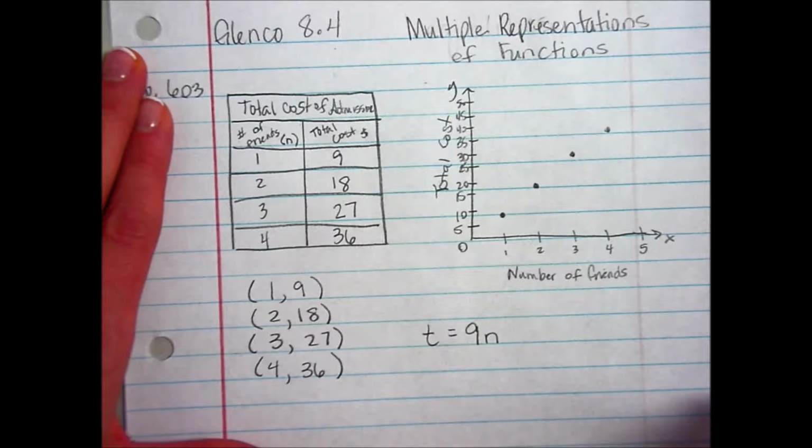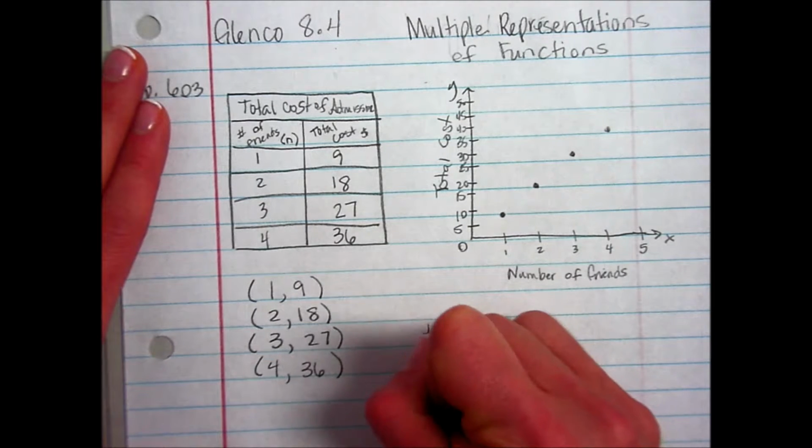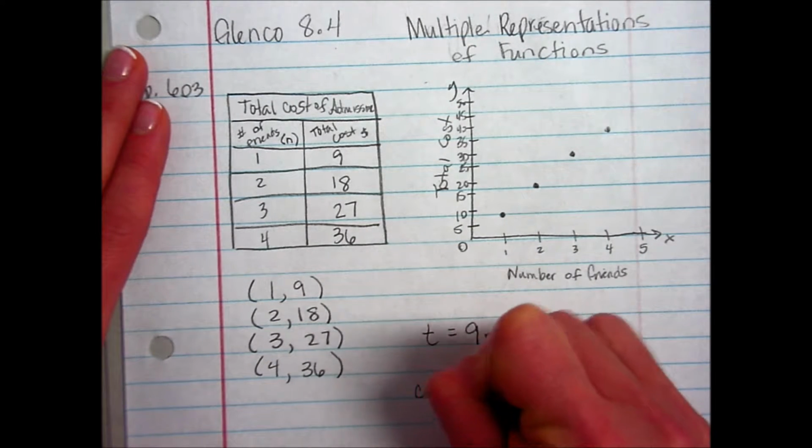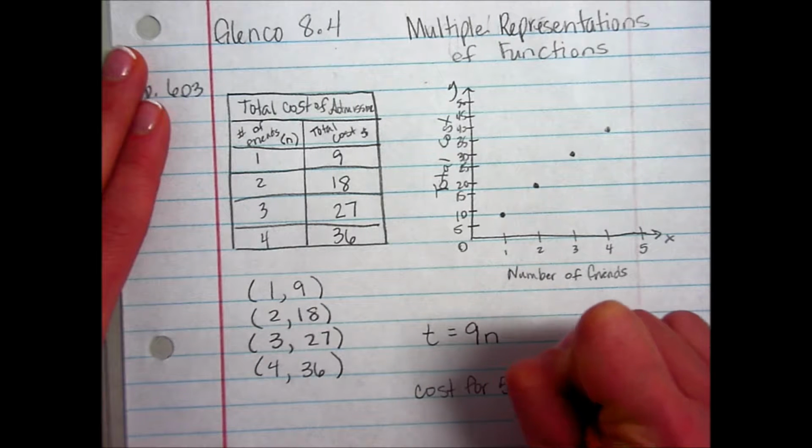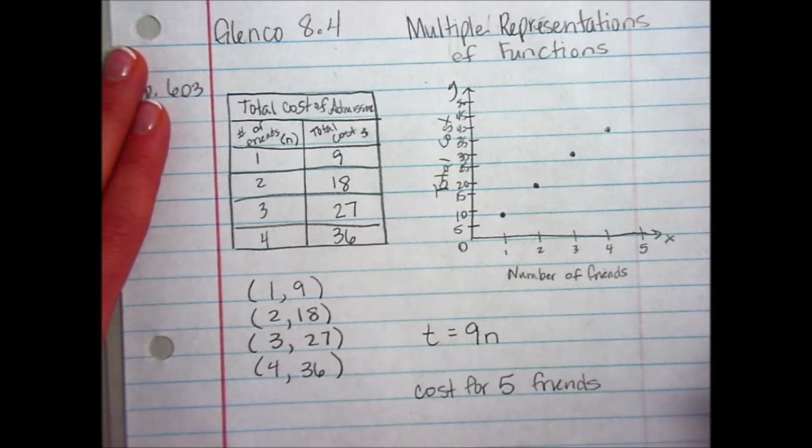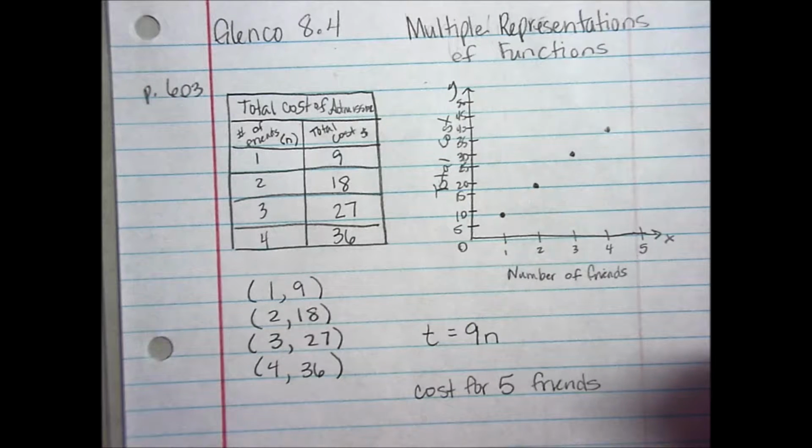All right, now on your own, see if you can list the ordered pair for the cost if 5 friends go to the museum. What is the cost if 5 friends go to the museum? Jaden.